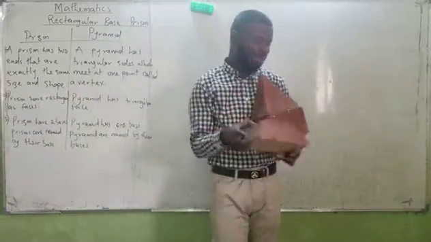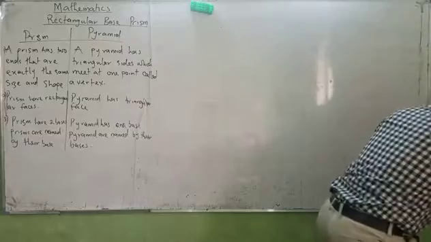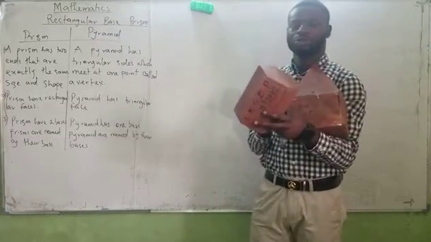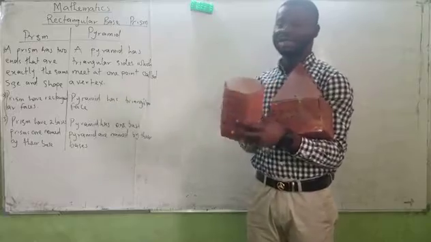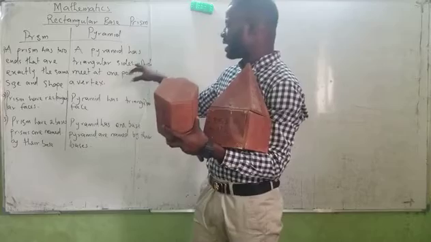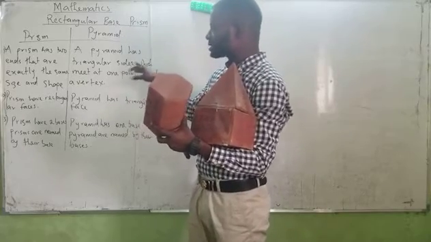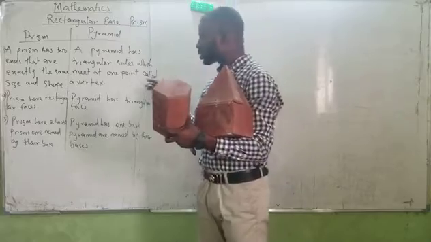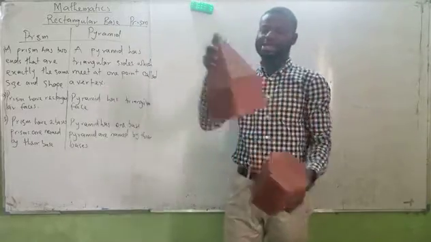Look at this one. This is a prism. End 1, end 2. Do you get it right? They are the same. And the pyramid has triangular sides which meet at one point called the vertex.